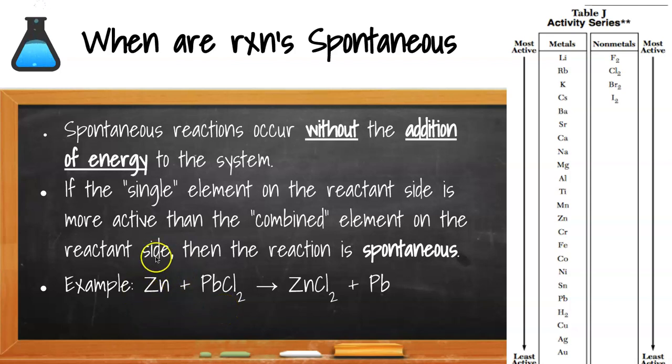Essentially, if this is more reactive than this metal, it will swap it out. It will replace it. So we find zinc on Table J. We find Pb, which is lead. And we see that zinc is higher up. So zinc is more reactive, and therefore it's going to replace Pb in the reaction, and this would be a spontaneous reaction.